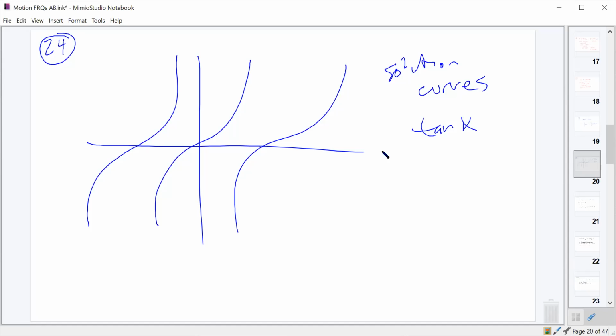And so we know that if the solution is y equals tangent x, then we need to find our y prime.